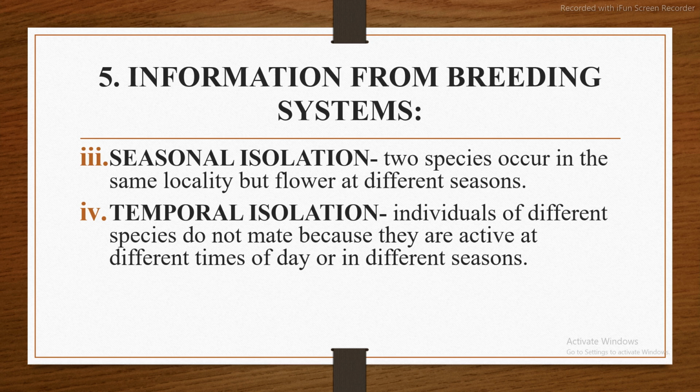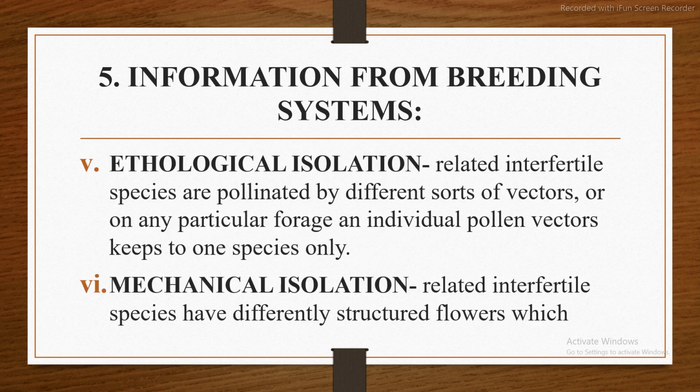Fourth is temporal isolation. Individuals of the different species do not mate because they are active at different times of the day or in different seasons. This is called temporal isolation. Fifth is ethological isolation. Related interfertile species are pollinated by different sorts of vectors or any particular forager.